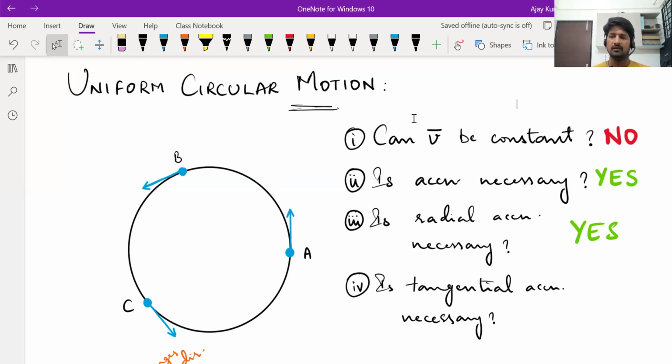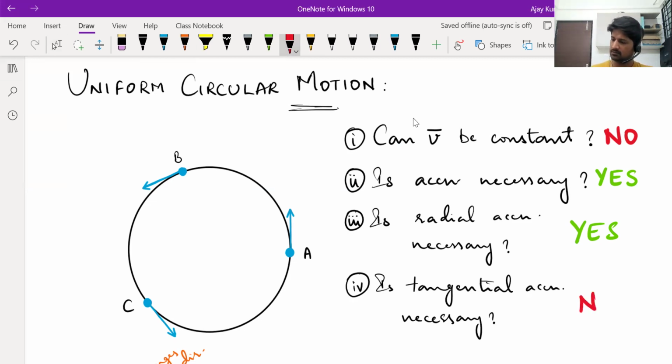But it's not compulsory that the speed is constant. Imagine a person running along a circular track. It's not necessary that the person always runs with the same speed. He may stop in between, he may speed up, slow down. So for circular motion, speed may change, but direction has to change. Direction has to change, so radial acceleration is compulsory. Speed may change, so tangential acceleration is not compulsory.